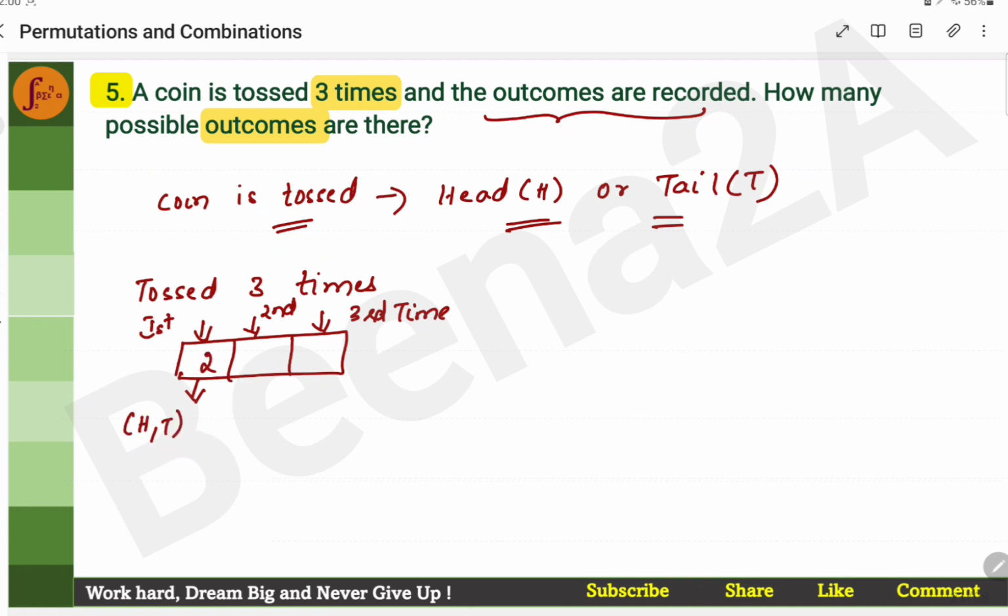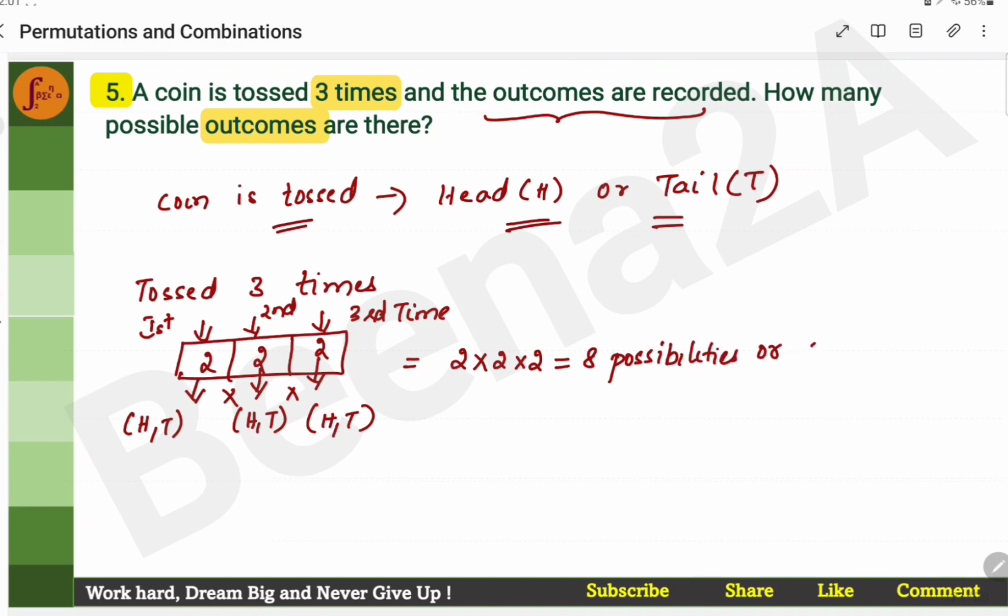So I'll multiply: 2 into 2 into 2, which is 8 possibilities, or 8 outcomes, or 8 ways.